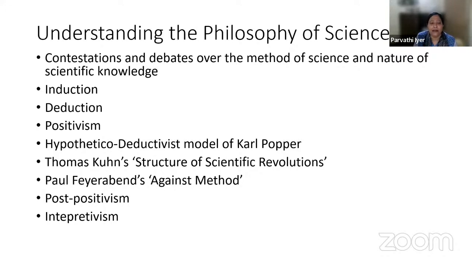Then again, you had Thomas Kuhn, who in his Structure of Scientific Revolutions talks about how scientific knowledge happens not through induction or deduction or the hypothetical deductivist method, but through a paradigm shift.